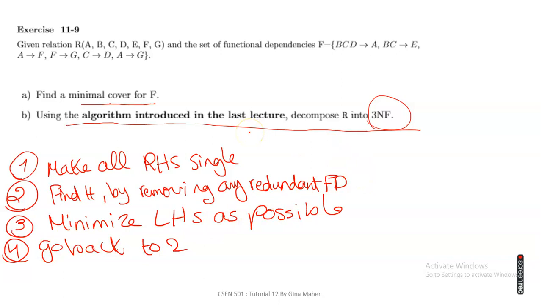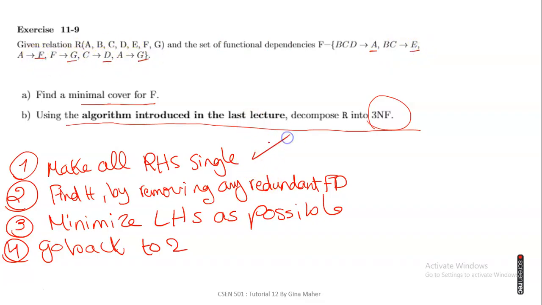Let's start this exercise by solving number A, which is the minimal cover. So, first, moving step by step. Make all the right-hand sides single. The right-hand side here is single, single, single, single, single, single.